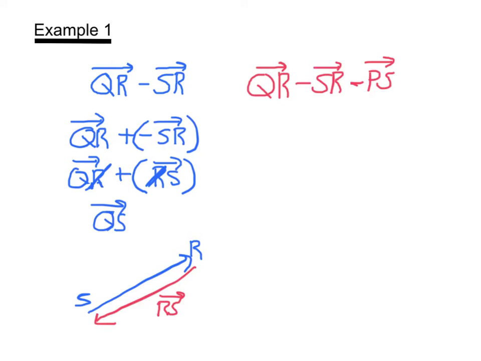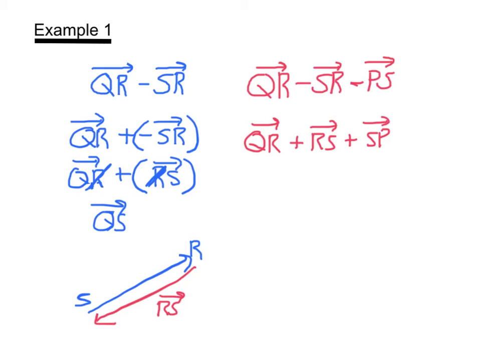So let's try that one more time. With the next expression, we have vector QR minus vector SR minus vector PS. I know what the first two are already, because I'm really going to add vector RS here. And by the same methods, instead of subtracting vector PS, I can really add vector SP.